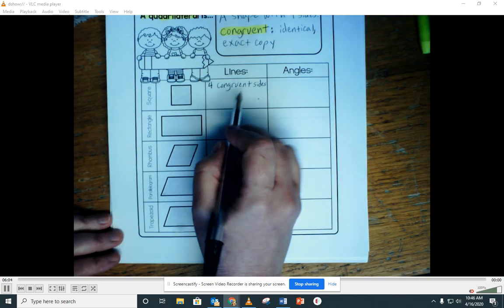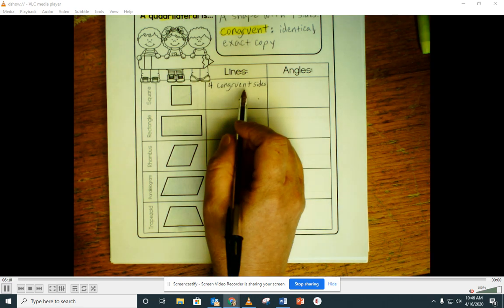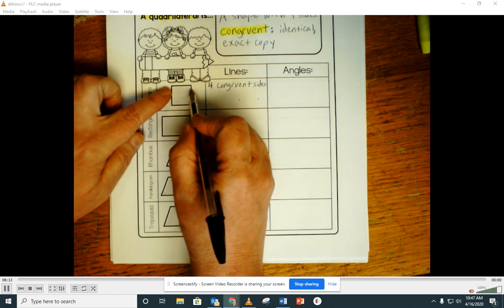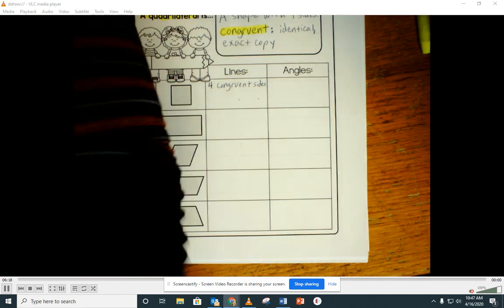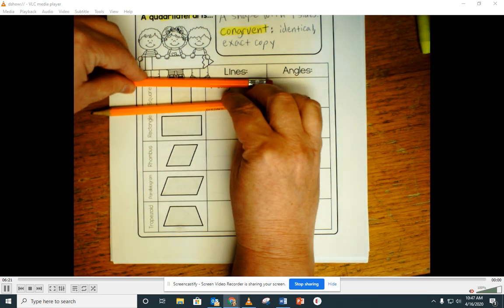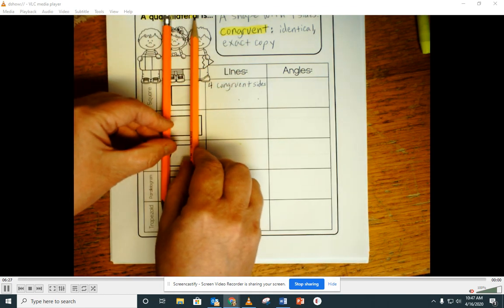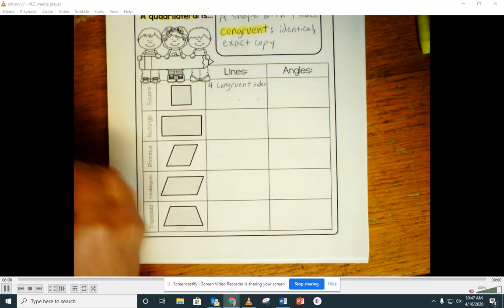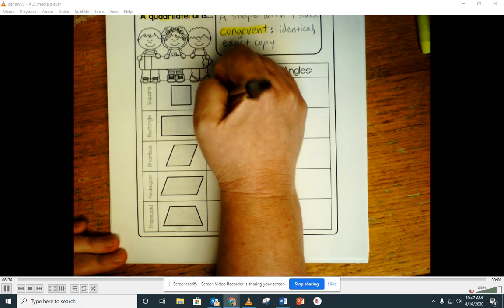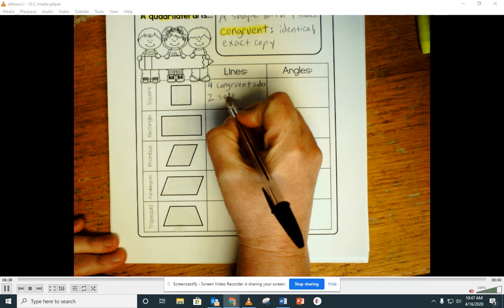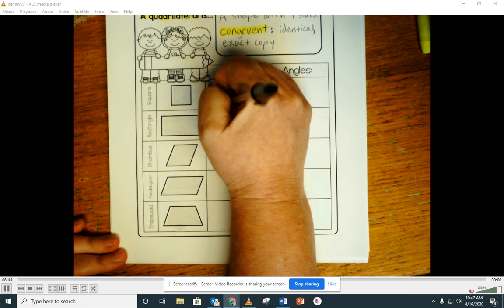Now we're also looking at whether or not the lines are parallel, and a square has two sets of parallel lines. We just imagine that these are lines. The top and the bottom are parallel, and the left and the right are parallel to each other. So we have two sets, and that just means pairs, two pairs of parallel sides.